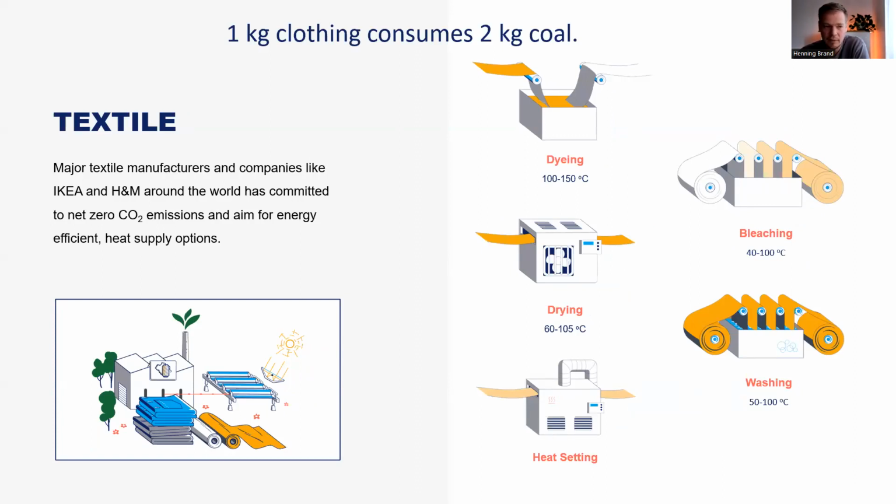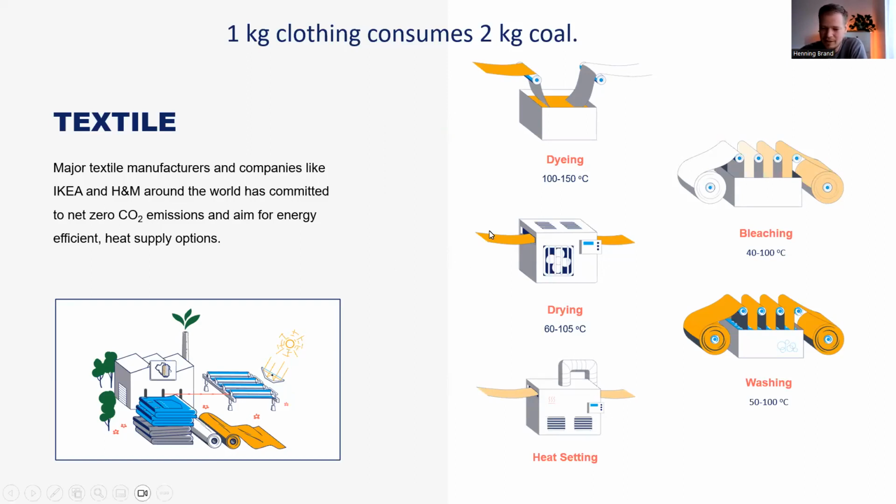As Lala mentioned in the beginning, I've looked at several textile factories in Pakistan that consume a lot of fossil fuels in the process of producing the clothes that are being sold to maybe companies like IKEA, H&M, Swedish companies, where I'm from.